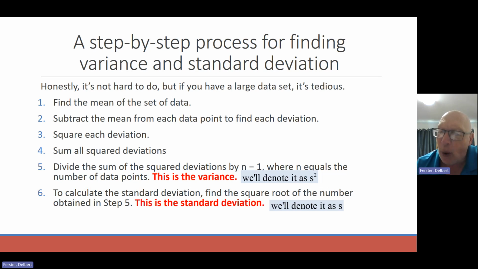I'm going to presume for our purposes that we won't have access to knowledge about a whole population. If it were a population variance, you would divide by n, not n minus 1. But we'll stick with n minus 1. Your author's consistent with that, so that's what we'll do. That calculates the variance, which is going to be denoted as s squared. Again, since it's a sample, if it were a population, that would be called sigma squared with the Greek letter sigma. And we'll find standard deviation by taking the square root.